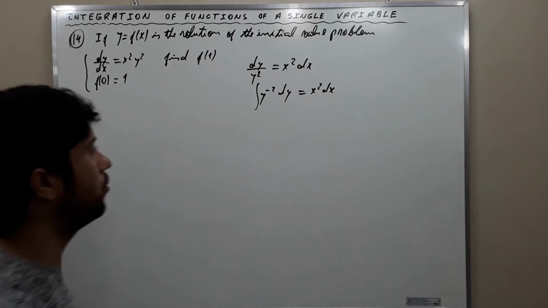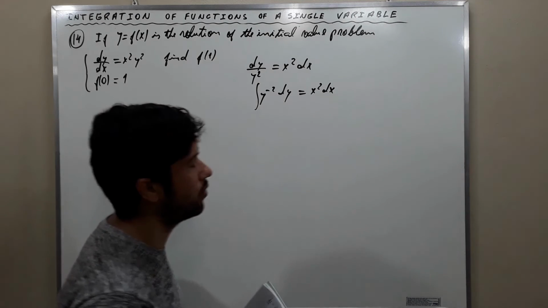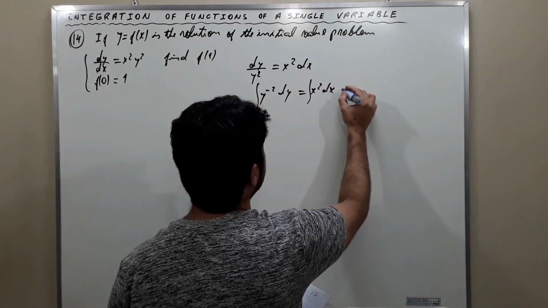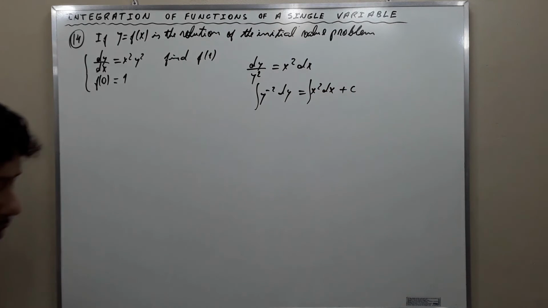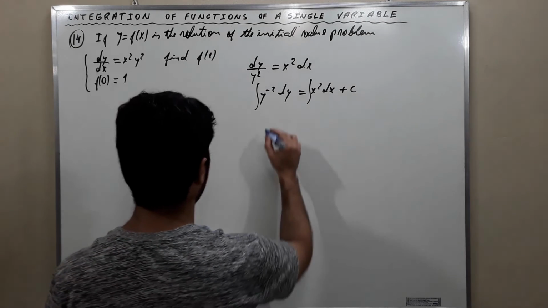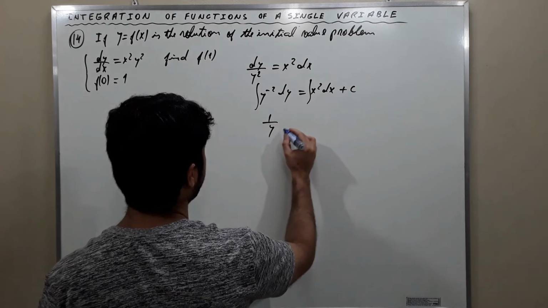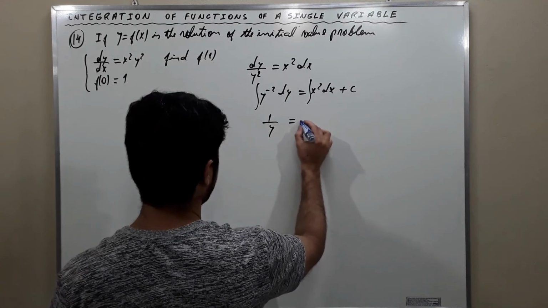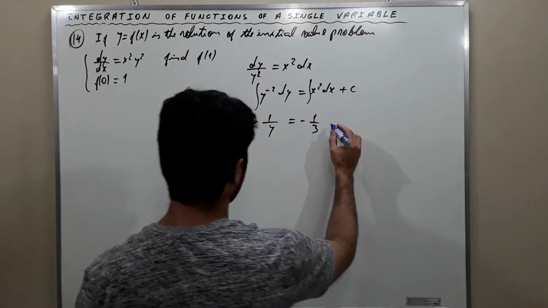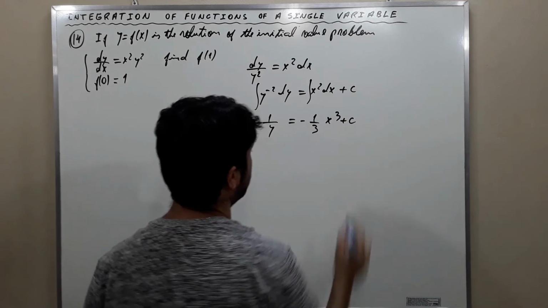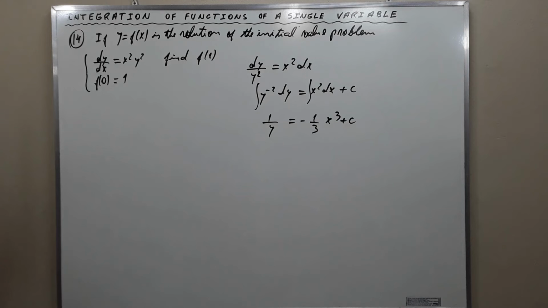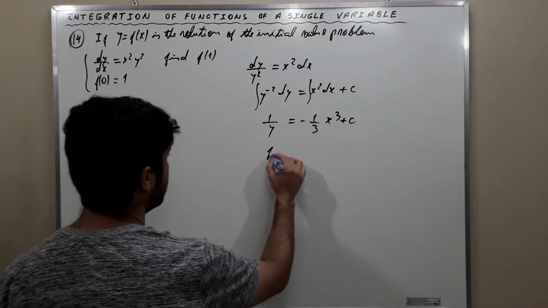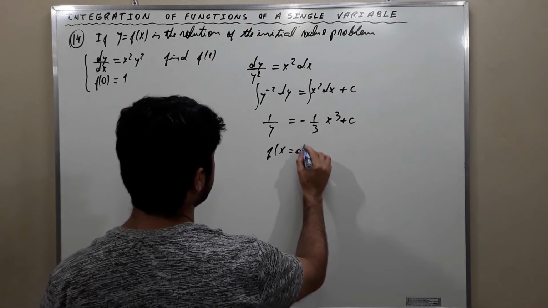To find an expression for y, we simply integrate both sides plus a constant of integration, and we get that 1 over y equals the negative of a third x cubed plus c. Can you see how easy it is? The integration of this is this. And now we can simply use that f of 0 is equal to 1.